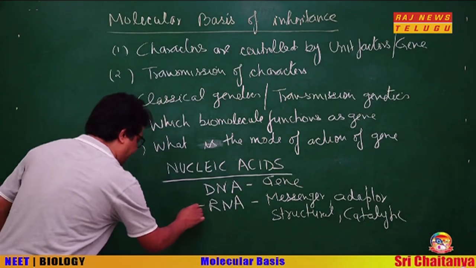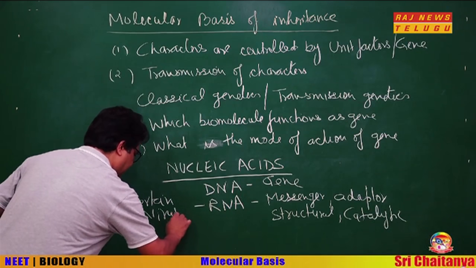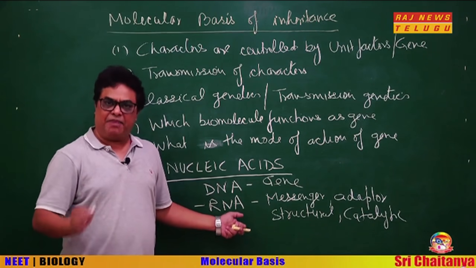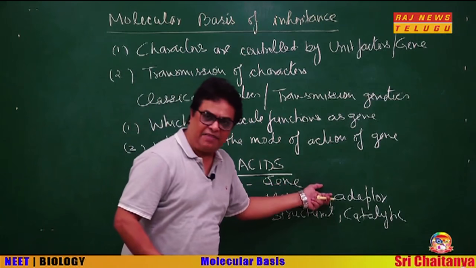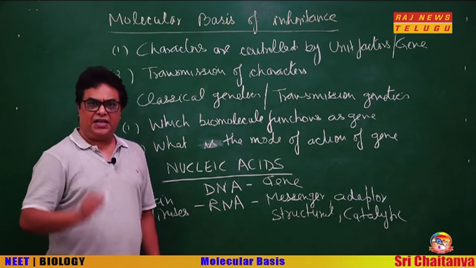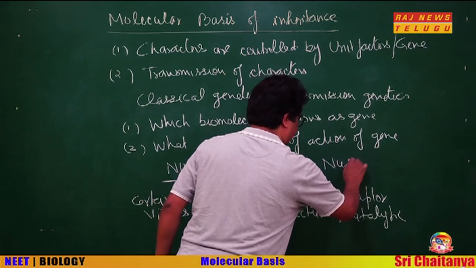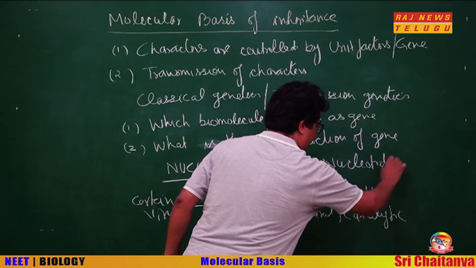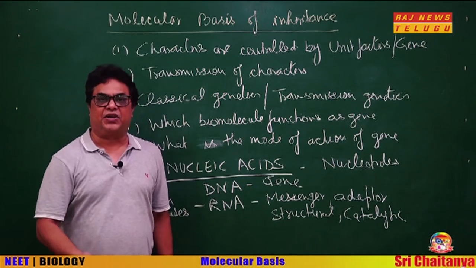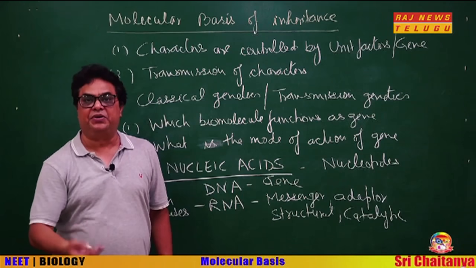So in certain viruses, like TMV, RNA functions as the genetic material, but in general the gene or genetic material is DNA and RNA has these functions. And these nucleic acids are made up of nucleotides. Nucleotides. So either RNA or DNA, these are polymers of nucleotides. So our study today will start with nucleotides.